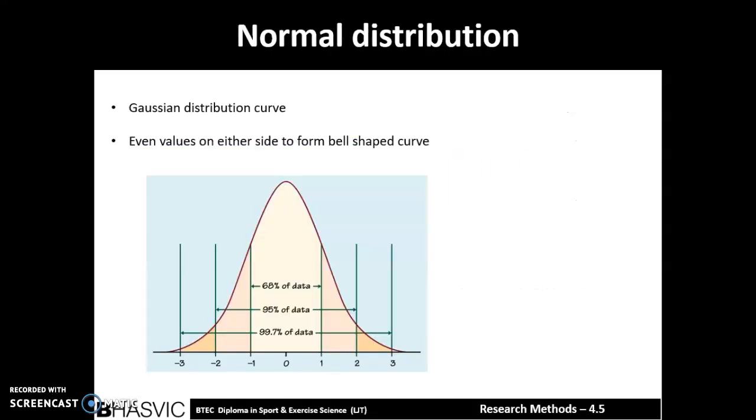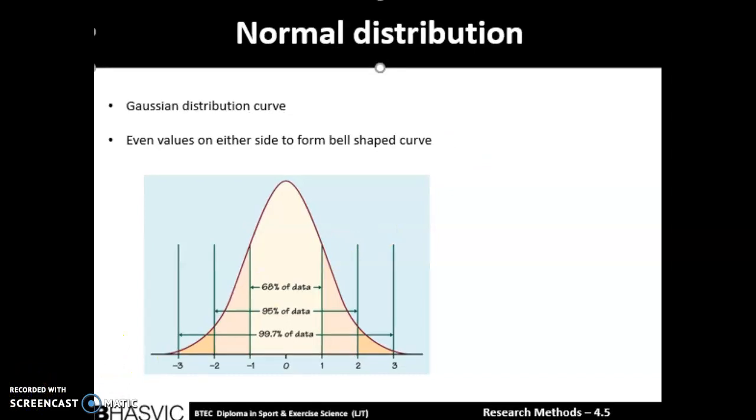So normal distribution. The normal distribution curve is what you can see here in the graph.